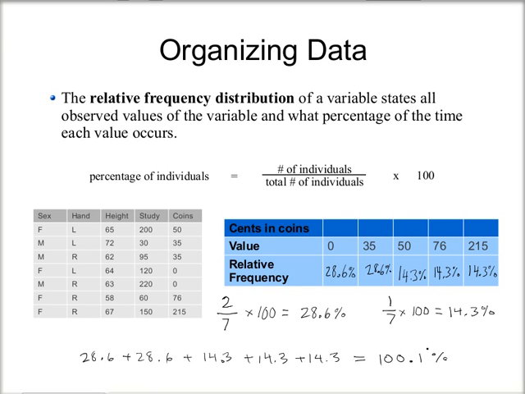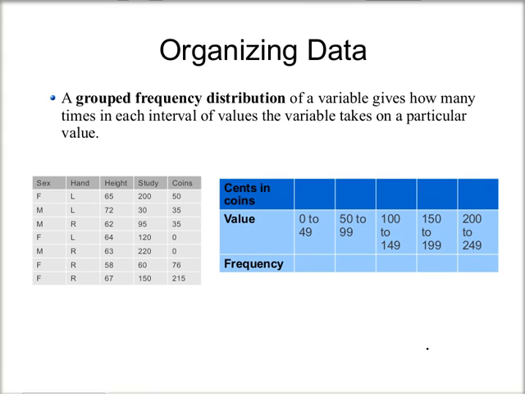Okay, we've got one last type of distribution to look at. This is called the grouped frequency distribution, and it breaks up the values into intervals and then counts how many values are in each interval. So in my example here, I've broken it up into 50-cent intervals.